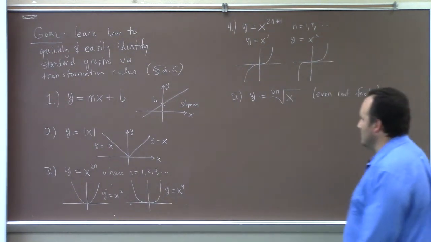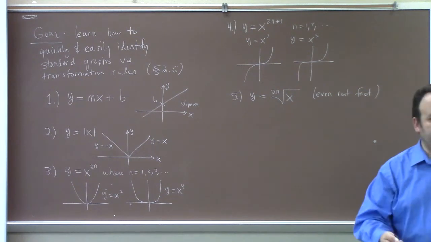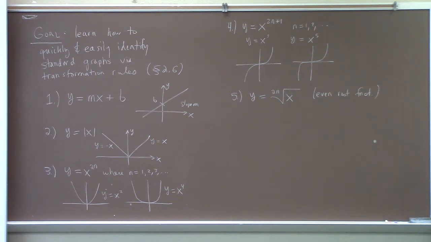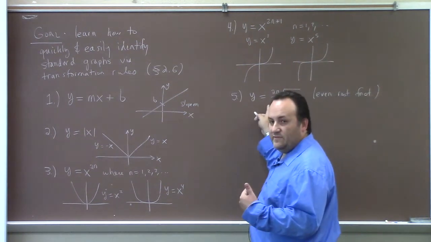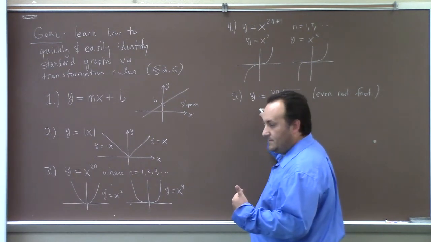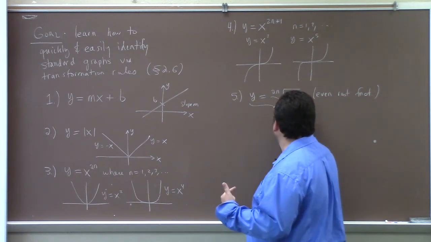Even root functions, the way I understand those is to think about doing the algebra. So if you solve for x, how do you solve for x here? How would we solve for x in this equation? Square both sides.